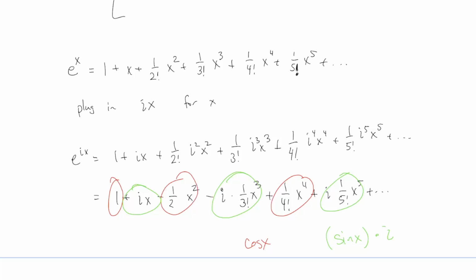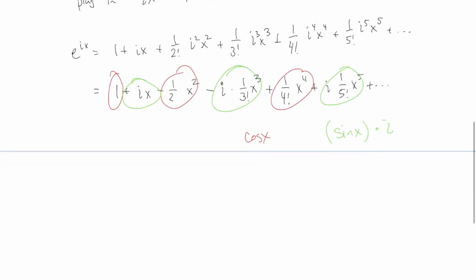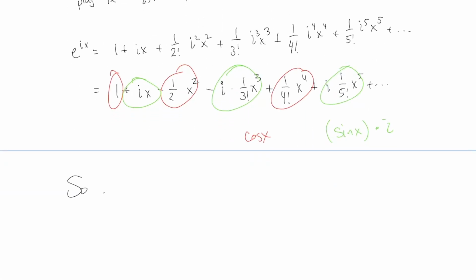So the final thing then, all of this put together, it means that if you do e to the ix, which is what we started with on the left side here, it is just these two things added together. It's cosine of x, which is the red stuff, plus this is usually written as i sine of x, all right?